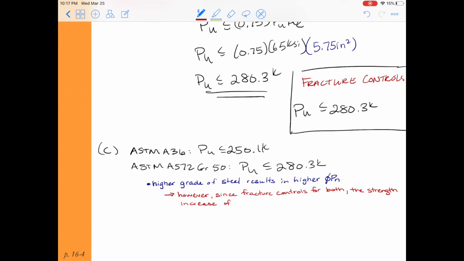So I'll say, however, since fracture controls for both, the strength increase of the connection is somewhat small. And we'll quantify this. So if we do a couple calculations, we'll see that we're going from 250.1 kips to 280.3 kips.